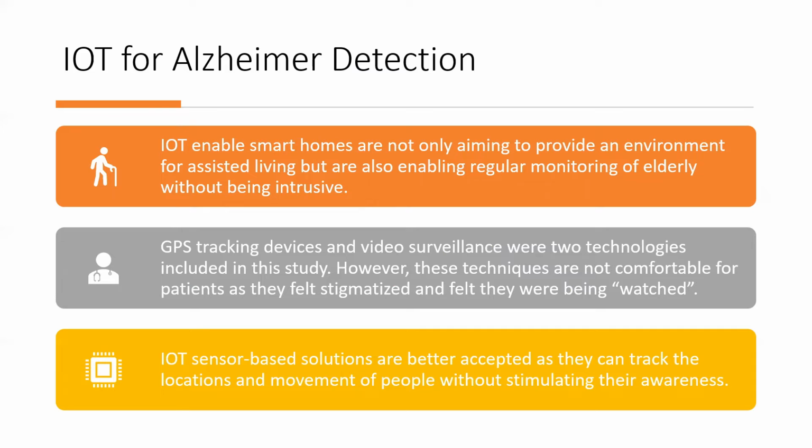GPS tracking devices and video surveillance were two technologies included in the study. However, these techniques are not comfortable for patients, as they felt stigmatized and felt they were often being watched. IoT sensor-based solutions are better accepted, as they can track the locations and movement of people without stimulating their awareness.